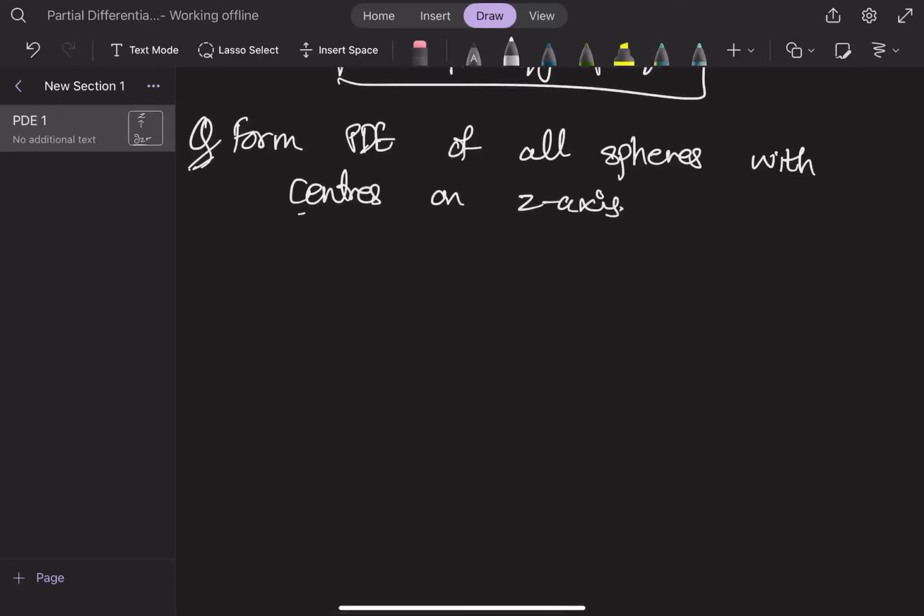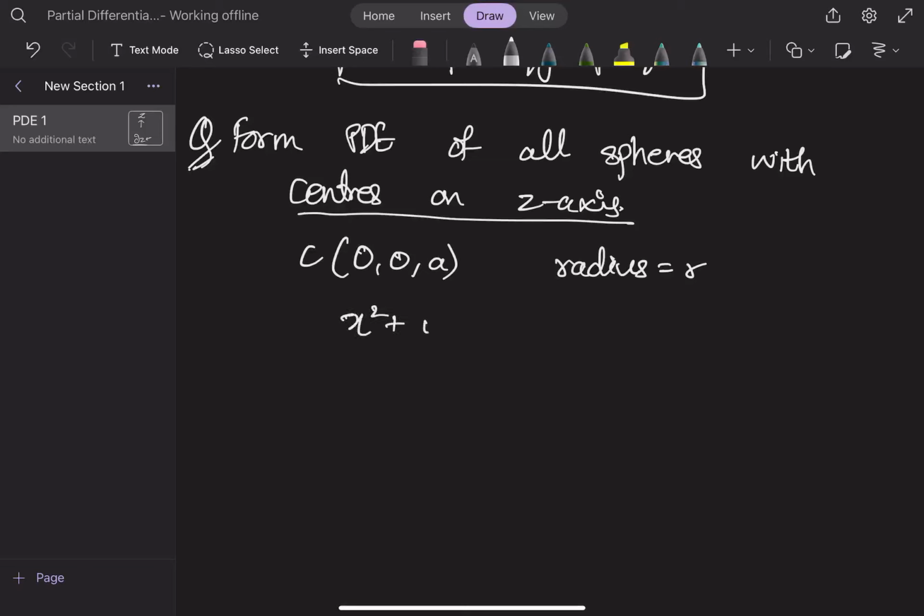So if the center lies on the z-axis, that means the value of x and y is 0. That means the center is on 0, 0, a, let's say. And let's say the radius is r. So as you know, the equation for a sphere is x square plus y square plus z minus a whole square is equal to r square.